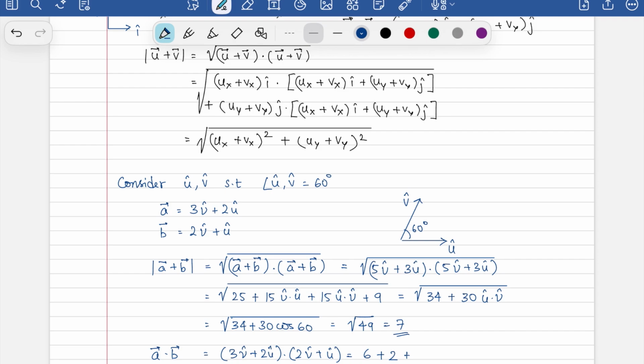And then you have 3 times 1 v hat dot u hat, and then you have 2 times 2 u hat dot v hat. And you know that this here is cos 60, that is half. This is also cos 60, that is half. In the end, you will get the answer as 11.5.